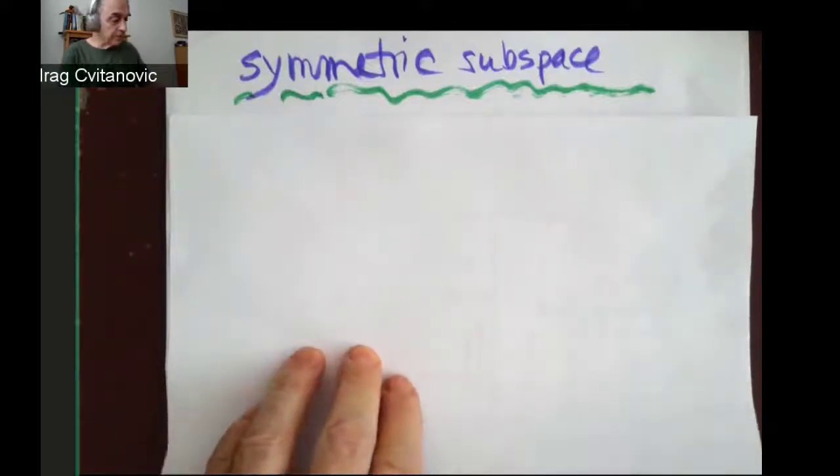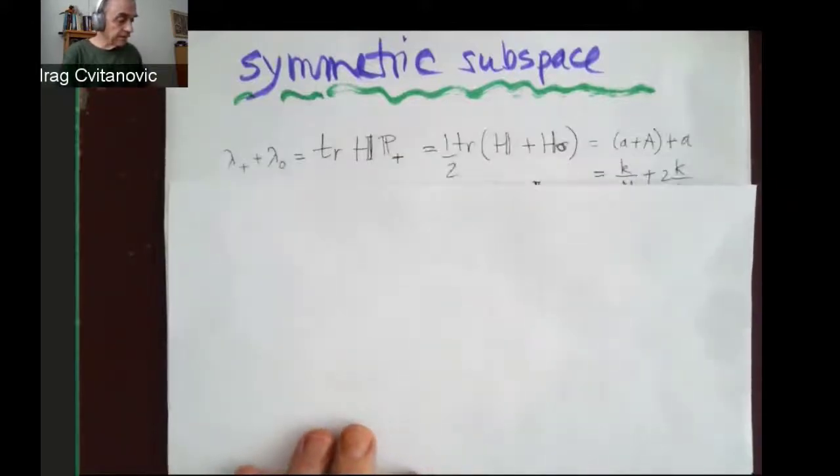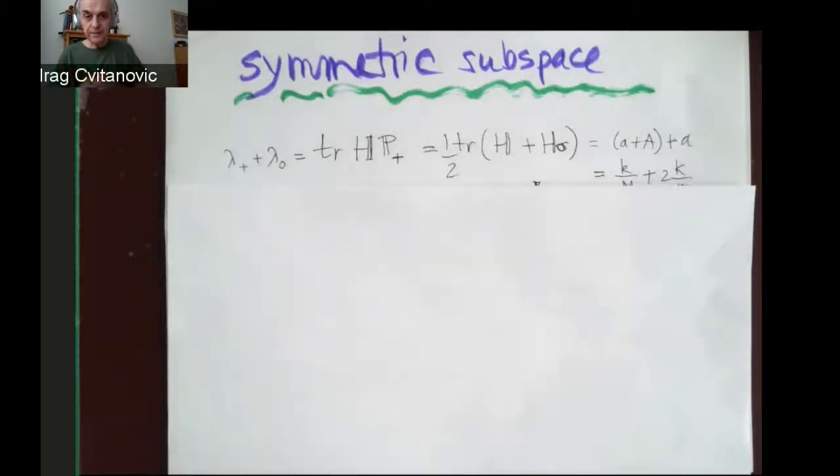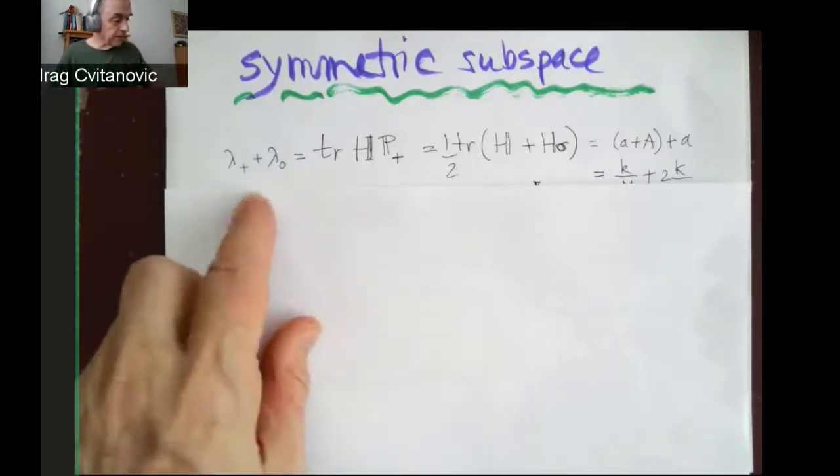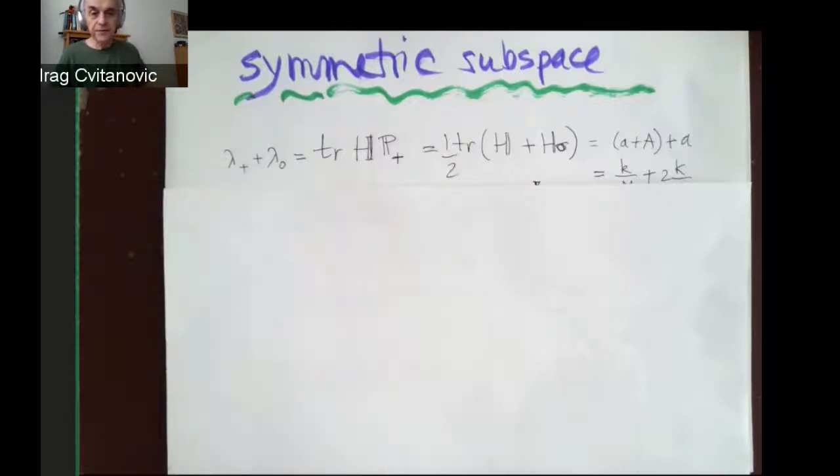What happens in the symmetric subspace? Remember, that's a two-dimensional system. And we know one thing about the system. The Hamiltonian will be a 2 by 2 matrix, and its diagonal will be the sum of its eigenvalues. One of them I'll call L plus, for symmetric, and the other one I'll call L0.